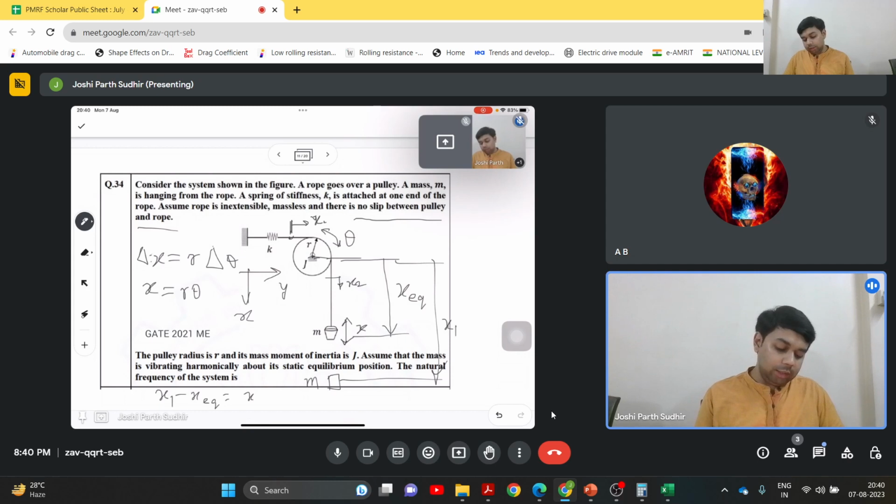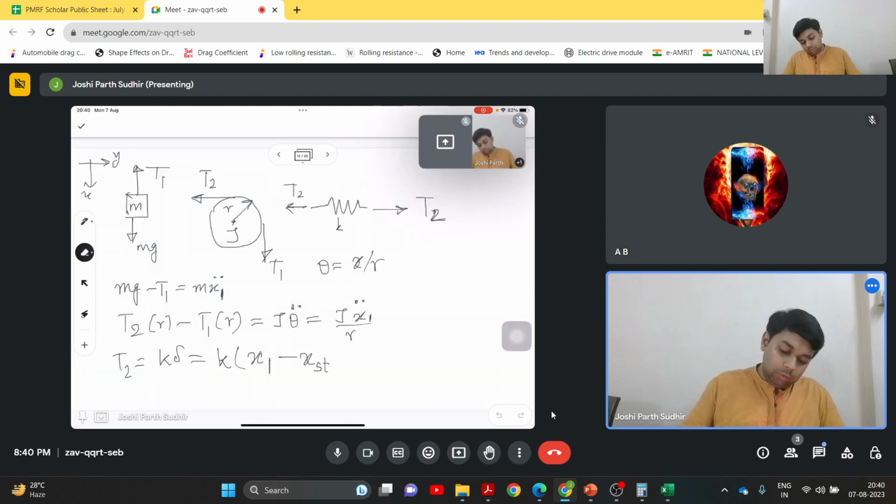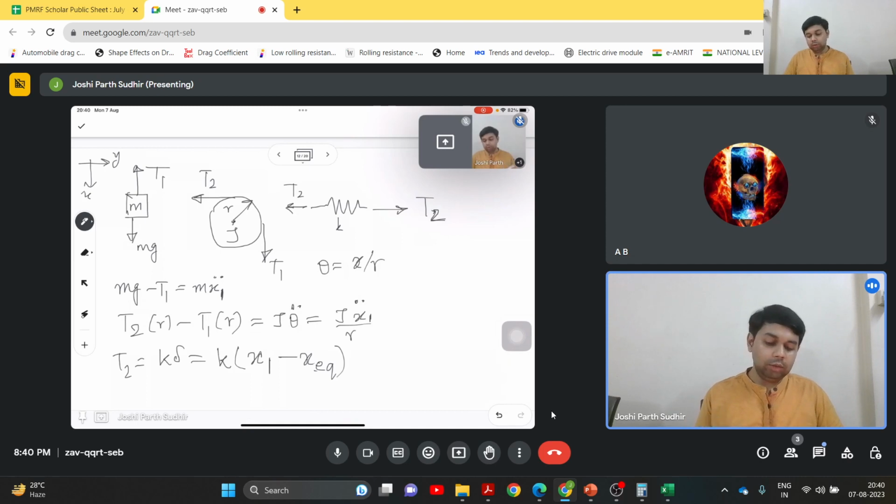And now we are saying that this position of this thing will be basically the displacement of the spring, and the net spring force will be like this. So now we can say that k into x equilibrium will be related to the force mg.